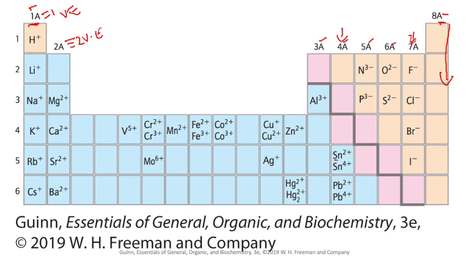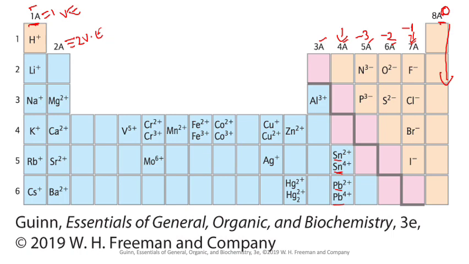If you can see over here, that's the element belonging to group 4. Group 5 normally has a -3 charge. Group 6 is -2. Group 7 is -1. And group 8 has no charge, 0 charge, right?